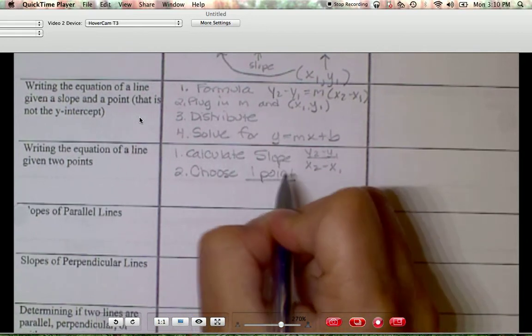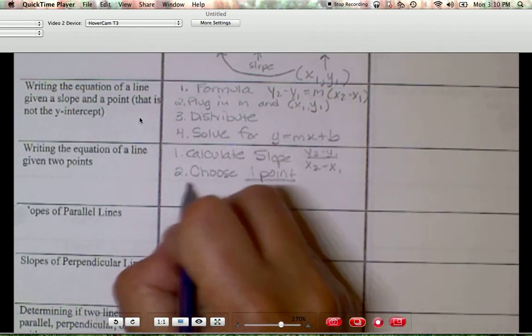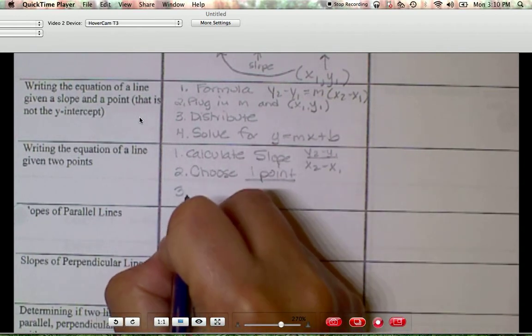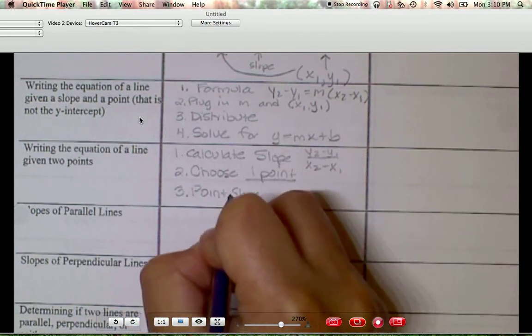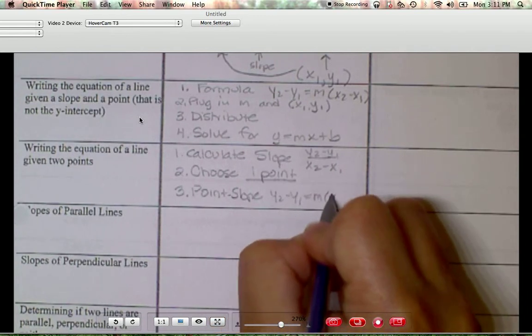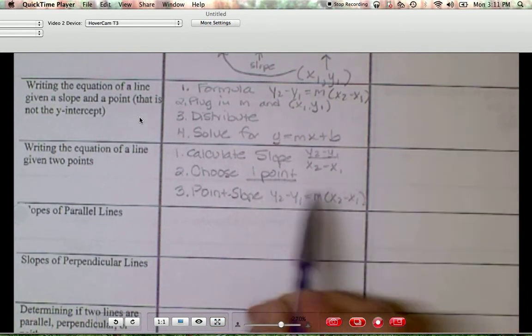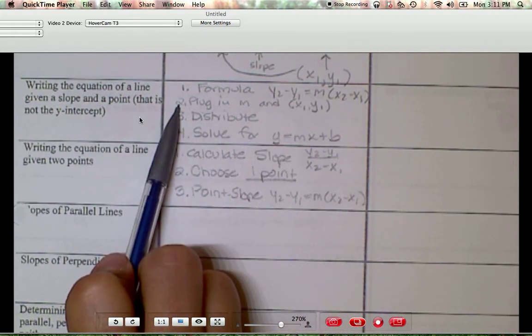Only one point. Not both points, choose only one point. And step 3, you're going to use point-slope form. y2 minus y1 equals m times x2 minus x1. So you're just plugging it in, and if you need the steps for that, they are right here.